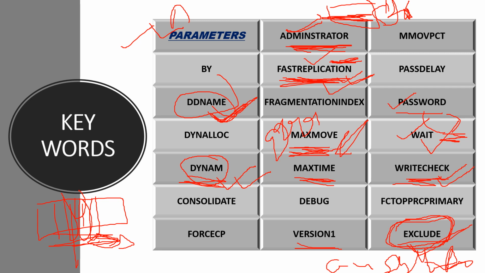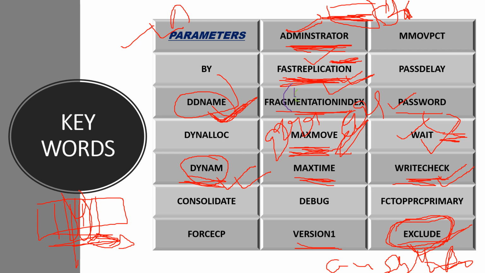Okay, and this is the fragmentation index. You can give it in three digits, like 999. Why do you give this fragmentation index? Suppose you don't want your volume to be congested, then you specify that the minimum index should be 150.